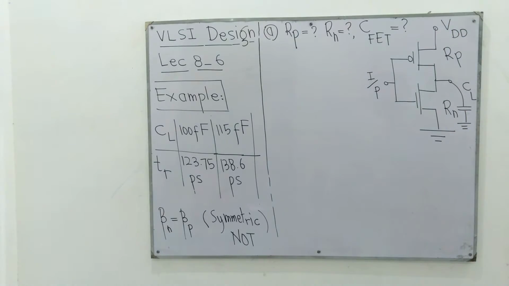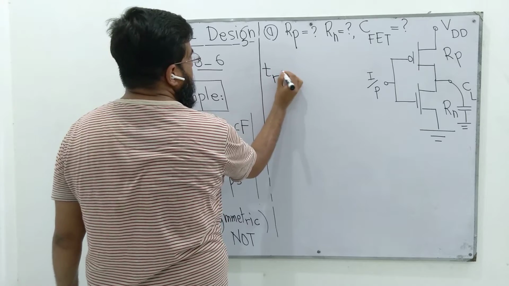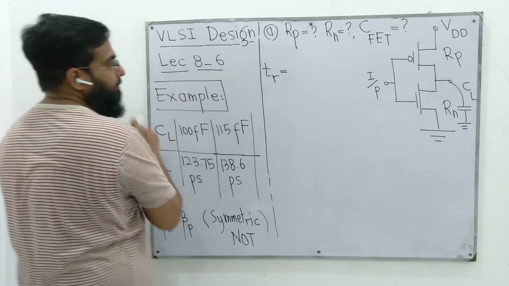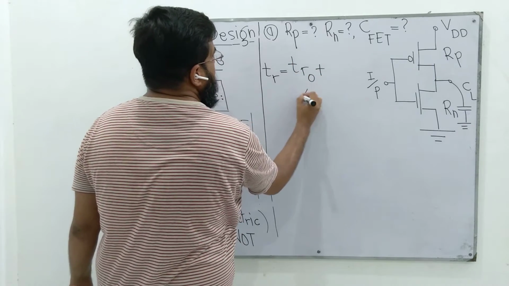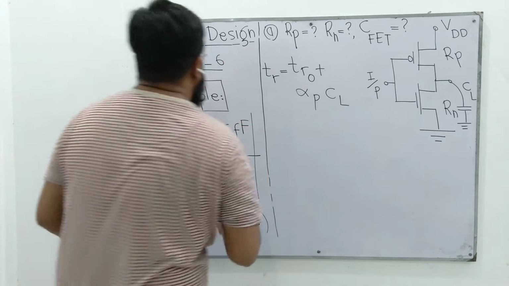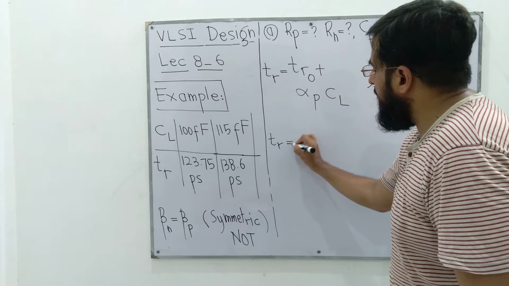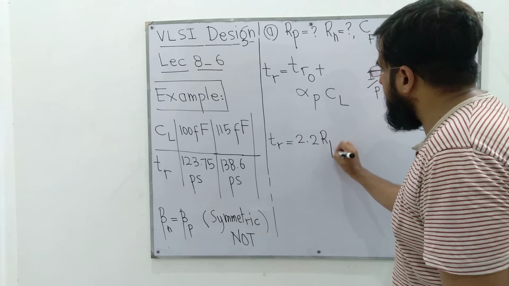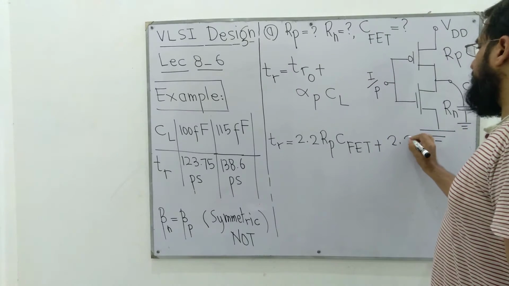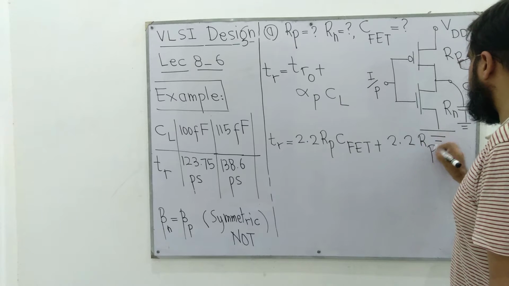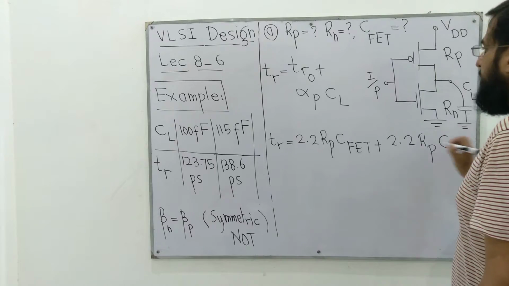We know that the expression for TR we derived in the last chapter and have been discussing from 8.1 to 8.5 is TR0 plus alpha p CL. This TR0 can also be written as 2.2 times Rp times CFET, plus alpha p, which is 2.2 times Rp, times the CL.